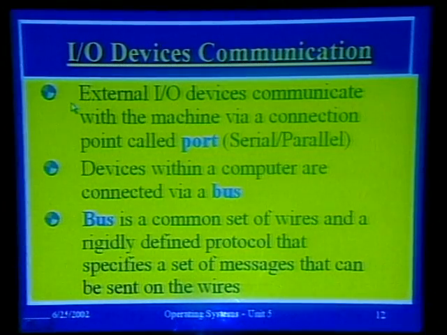And all the internal components of the system, for example memory or the disks, are connected to each other with the help of a bus. As I mentioned, external I/O devices communicate with the machine via a connection point which is called a port, and a port can be a serial port or a parallel port. And the devices within the computer are connected with the help of a bus.